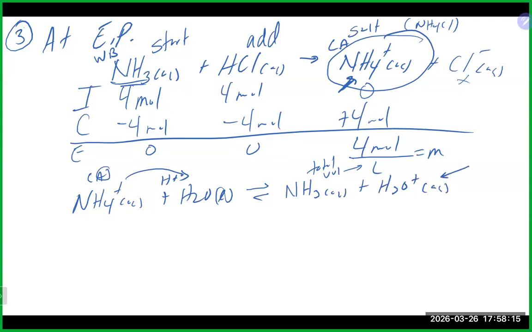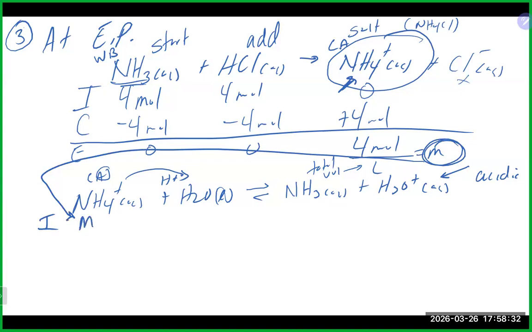And once again, because it's making H3O plus, we would expect our equivalence point pH to be acidic because we're producing H plus ions in solution. This again is where we're going to use our equilibrium concentration and stick it right in there as our initial. And once again, this table is going to be zeros and X's.